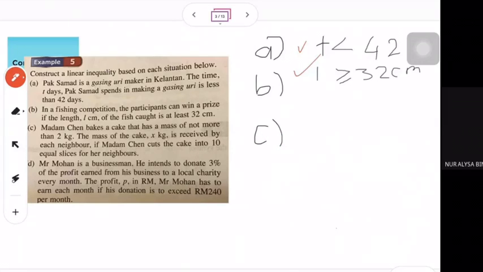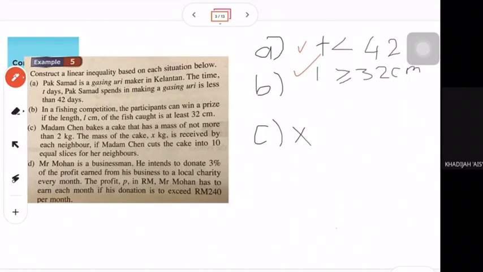More than. So how much does each neighbor get? Each neighbor, that's what it asks. How much is received by each neighbor if Madam Chen cuts the cake into 10 equal slices for each neighbor?